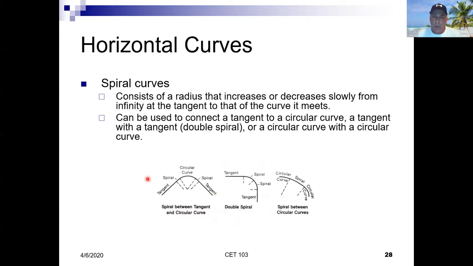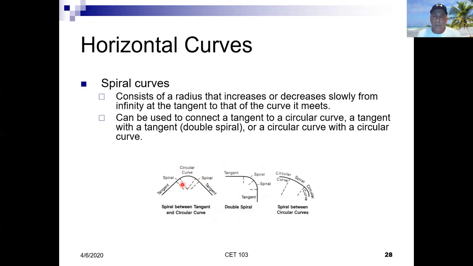A spiral curve is one that actually has a circular curve or a simple curve contained within it, but in the little piece that runs from the straight length to the spiral curve is a small curve right here. That small curve right there is what I would like to use the term non-radial, meaning that the radius is consistently changing here, versus the simple curve where the radius stays the same.